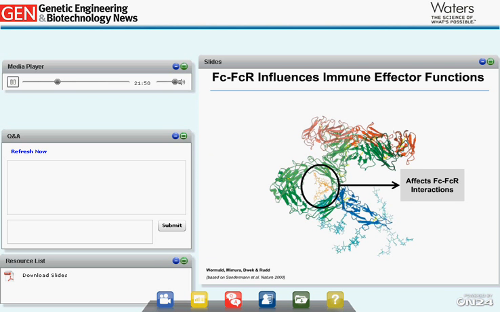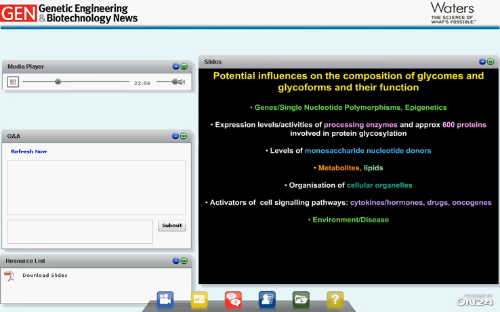So you might be asking by now, well, what are the influences that affect the composition of glycomes and glycoforms? Because clearly it's very important to understand that because the glycans, particularly on IgG and EPO, do affect their function. So these range all the way from genes, single nucleotide polymorphisms, epigenetic factors such as demethylation.